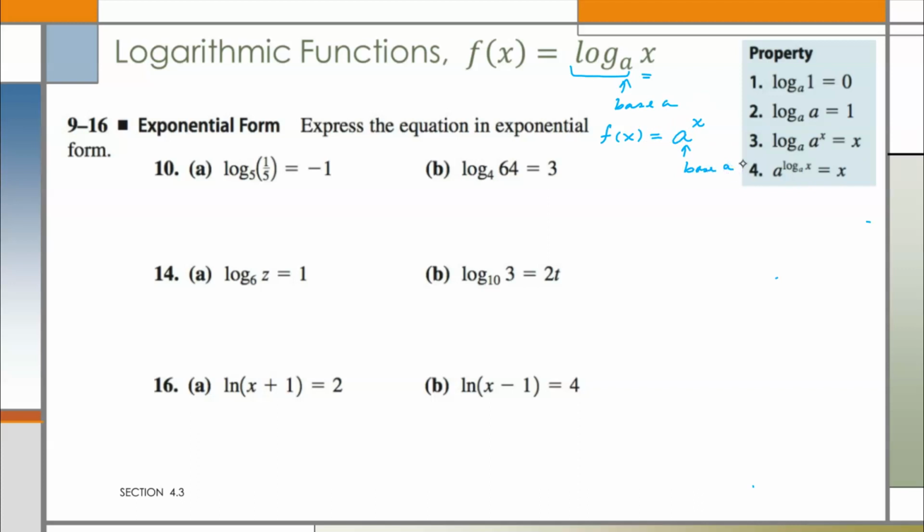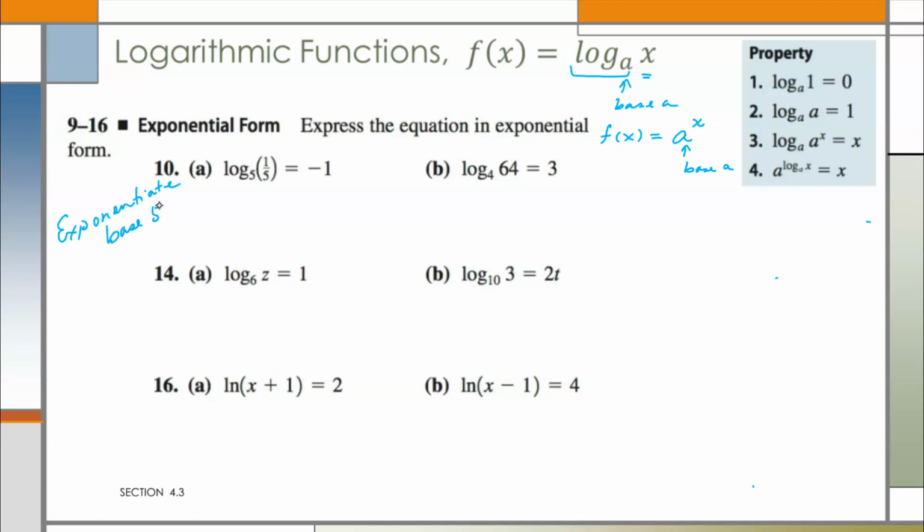Here's a logarithm. I want to write it exponentially. All I have to think of when I use my properties is what's going to undo a log base 5. That's an exponential base 5. We're going to exponentiate base 5.